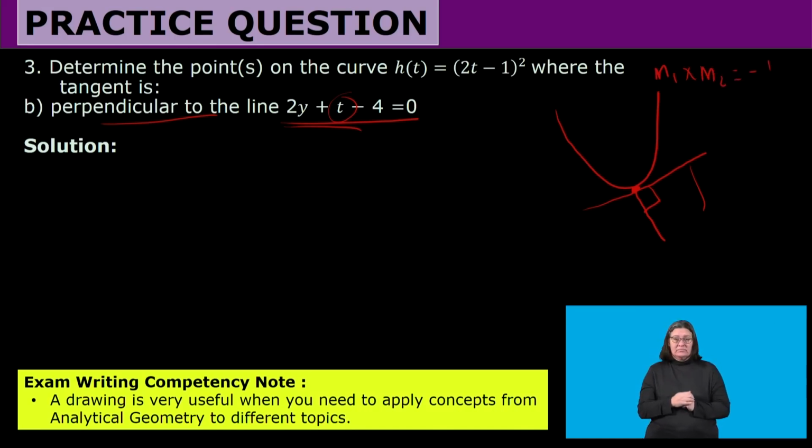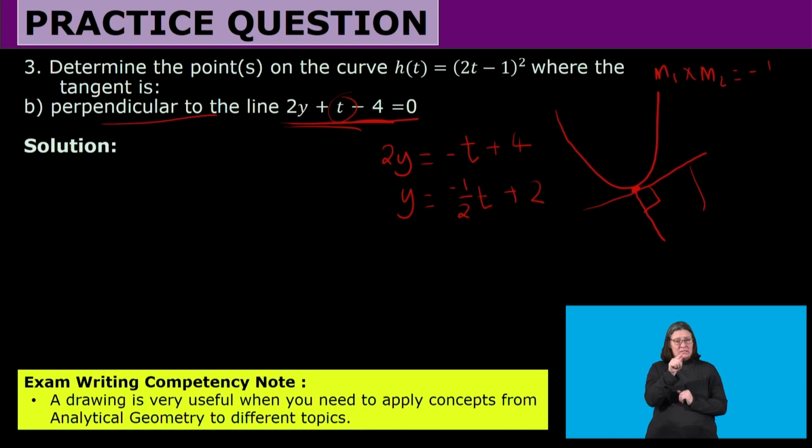Okay. So, how am I going to apply it here? I can rewrite this expression, 2y plus t minus 4 is equal to 0, as 2y is equal to -t plus 4. Divide through by 2, and I get y is equal to -1/2 t plus 2.